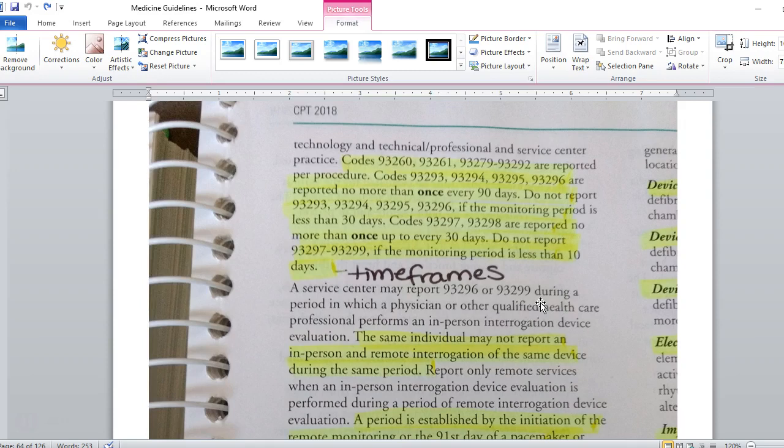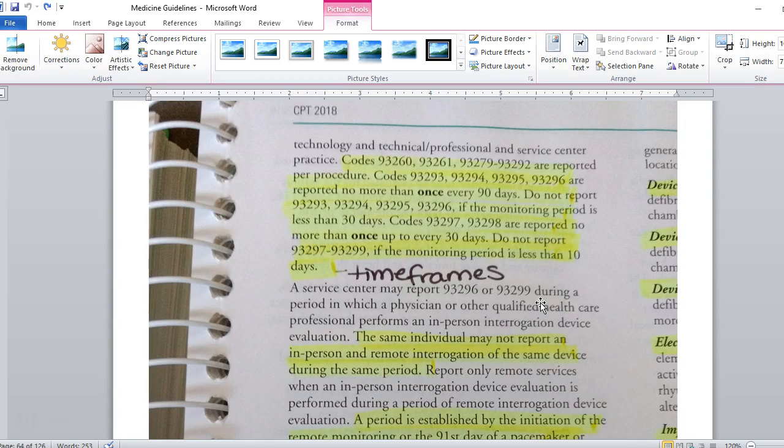93260, 93261, and 93279 to 93292 are reported per procedure. Codes 93293, 93294, 93295, and 93296 are reported no more than once every 90 days. Again, time frames. Do not report 93293, 4, 5, or 6 if the monitoring period is less than 30 days. So again, they're telling us as long as we hit 30 days, we can use these codes, and they go up to 90 days.